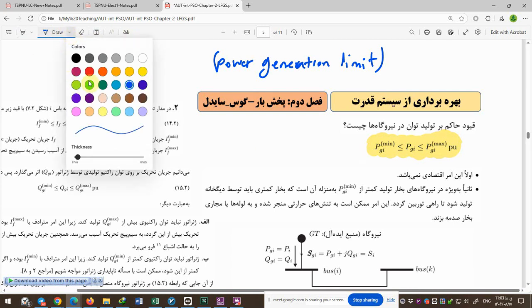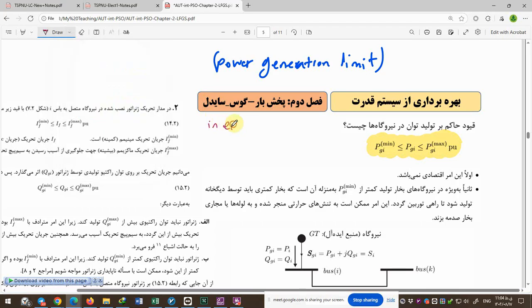In each power plant we have PGi minimum and PGi maximum, and your generation must be between maximum and minimum.